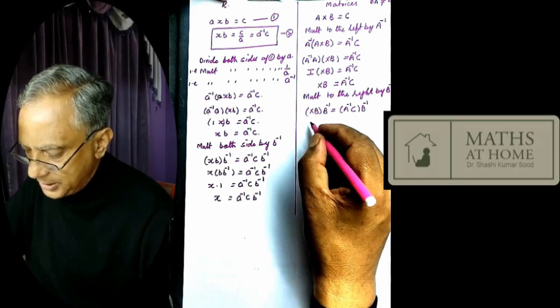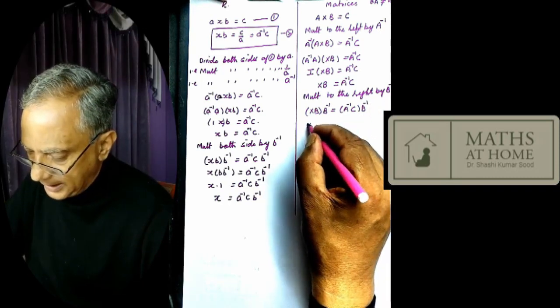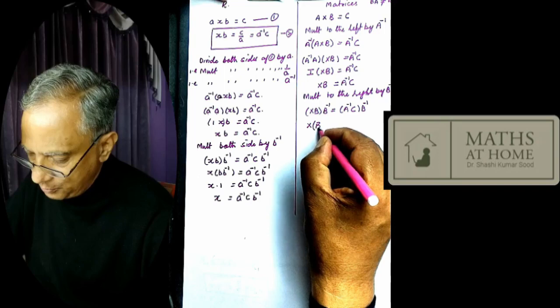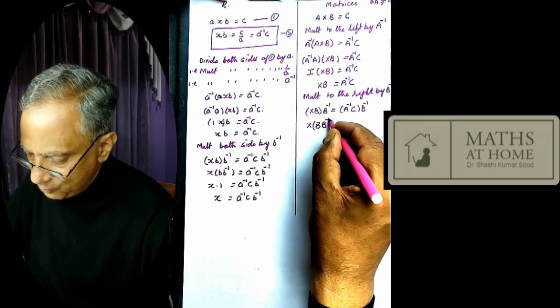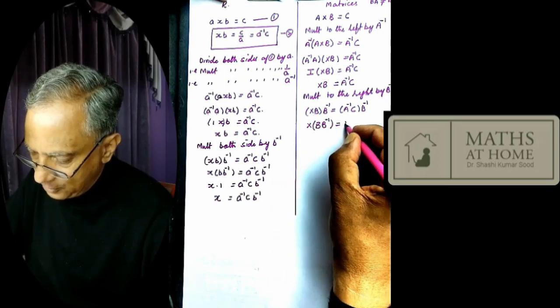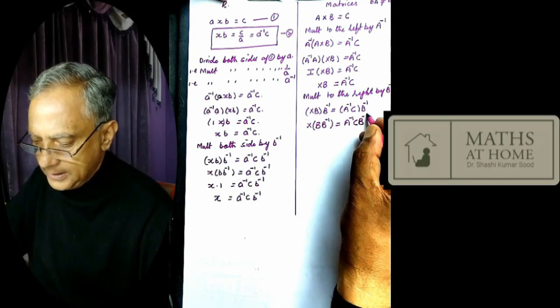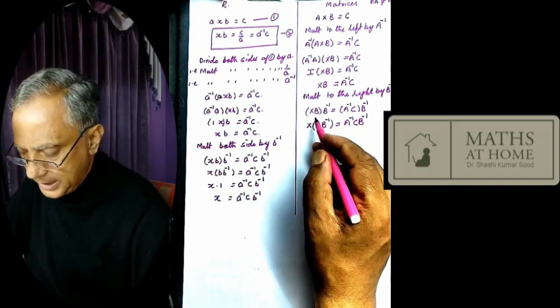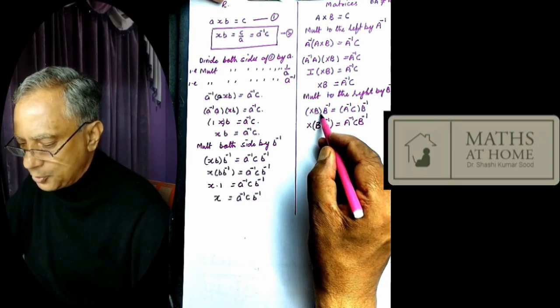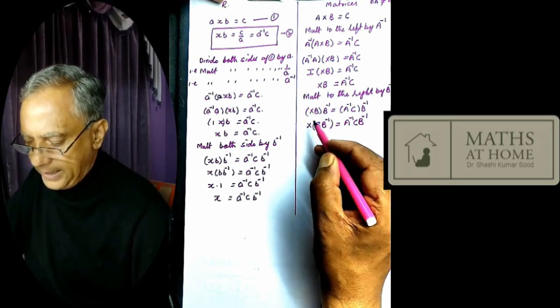And by using associativity, we can change the position of these brackets.